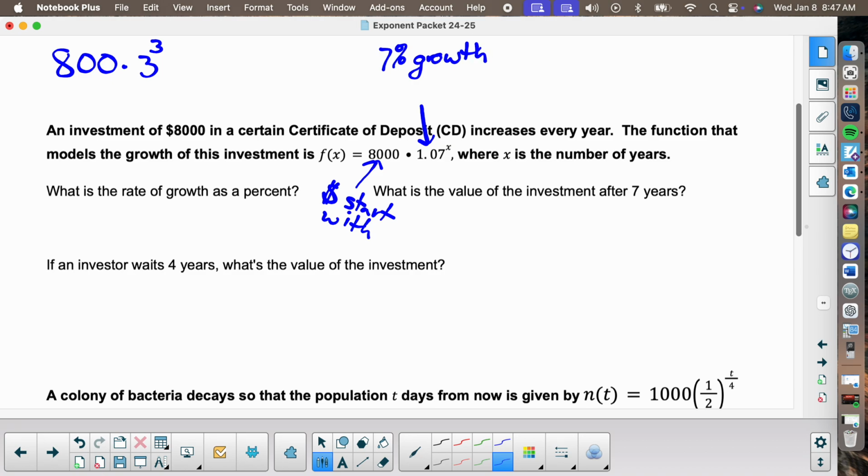So remember how the farm one was 98% because we lost 2%? 7% growth is going to be 107%. And that's how you write 107%. And then the X, I was just going to say, it has to tell us, number of years.